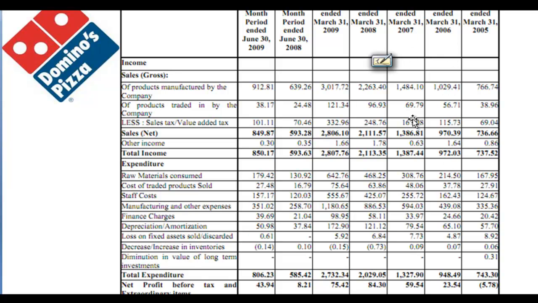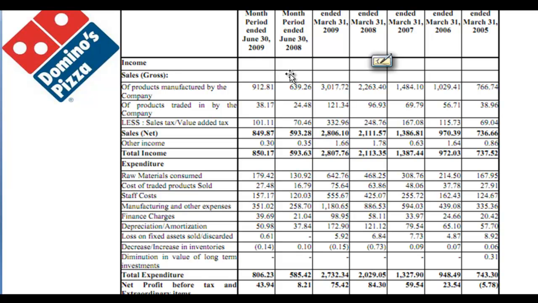All right, so we have that settled. Now the next column here is the income statement for the financial year 2006. Right here is the income statement of the financial year 2007, financial year 2008, financial year 2009. And they've also given the financials of the company for a quarter, for 3 months.